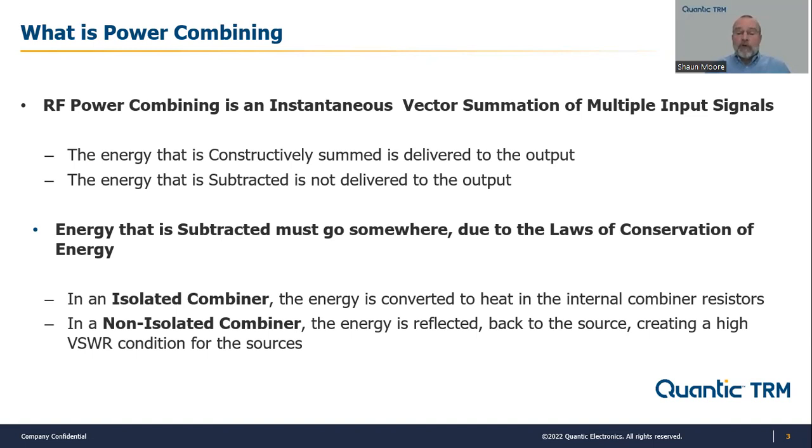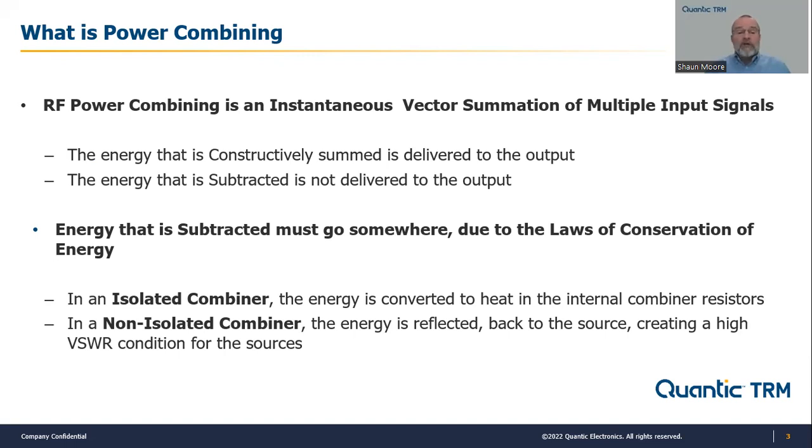So in more layman's terms, if we're combining two signals, they're broken down into vectors. The energy that is constructively summed is delivered to the output, and the energy that ends up being subtracted because of a phase differential is not delivered to the output.